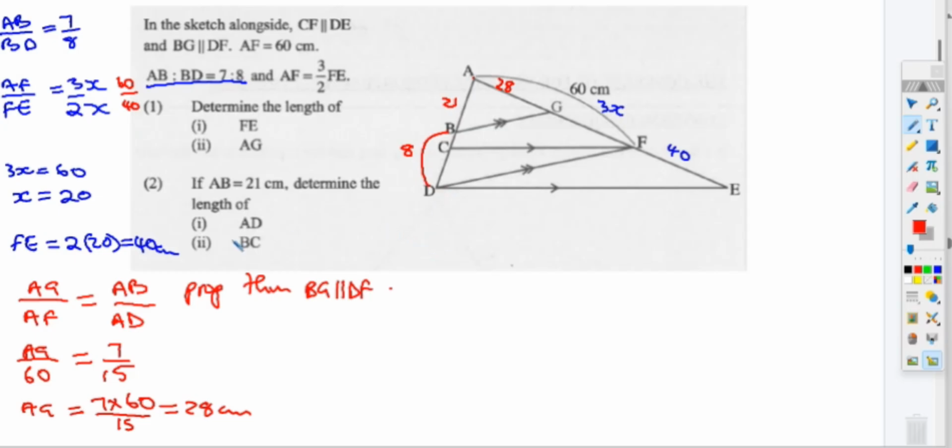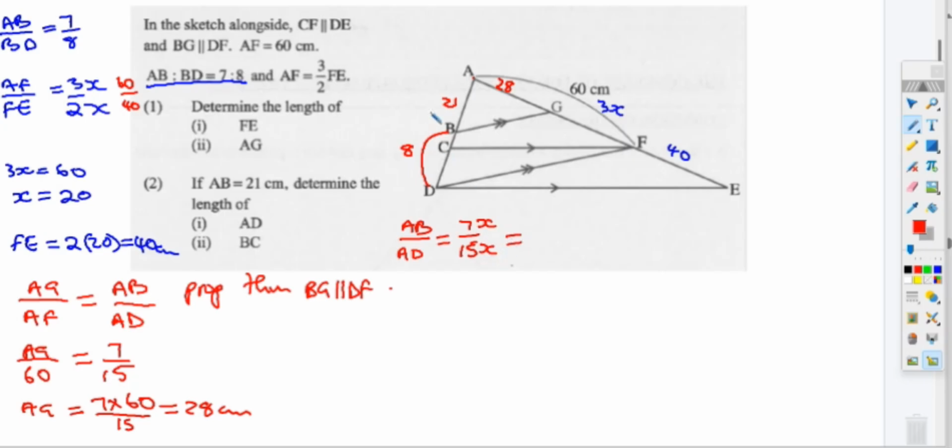Which question are we doing? This question here. We can say AB over AD, that is AB over AD. This is going to be 7 over 7 plus 8, that is 15, right? And that is our x and our x.